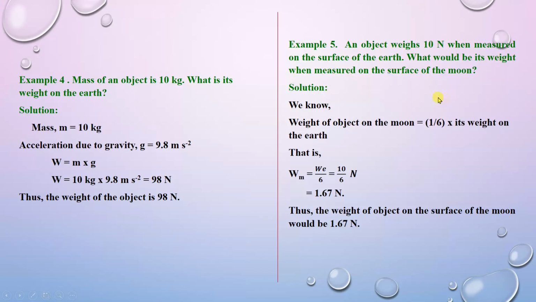Same question आ गया ना, अलग से. उसने पूछ लिया कि weight is 10 Newton and what will be its weight on the moon. सो हमने 1/6 करना है. रिमेंबर द इक्वेशन अभी हमने सीखी है: वेट ऑफ ऑब्जेक्ट ऑन मून इज 1/6 इट्स वेट ऑन अर्थ. सो 1/6 मीन्स इसको 6 से डिवाइड करेंगे. सो वेट विल बिकम 1.67 ऑन मून.